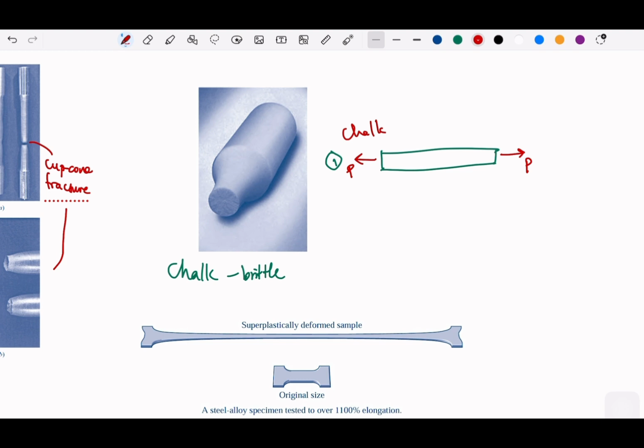The second chalk, so find two. The second chalk, try to twist. Twist, okay? So first you apply tension, the second is twist.